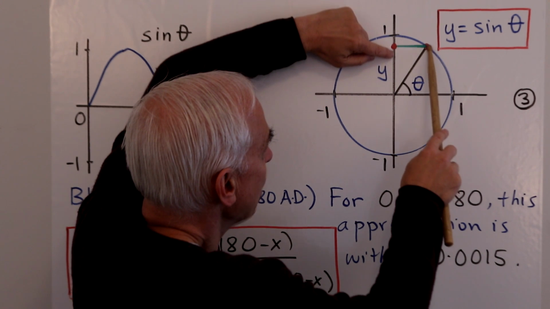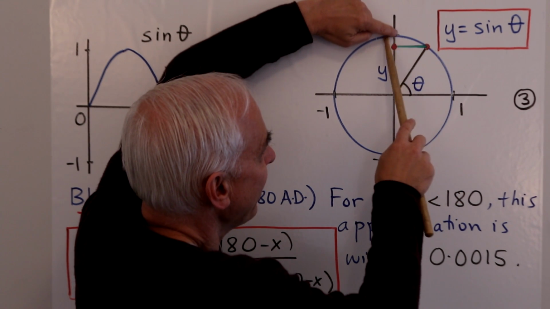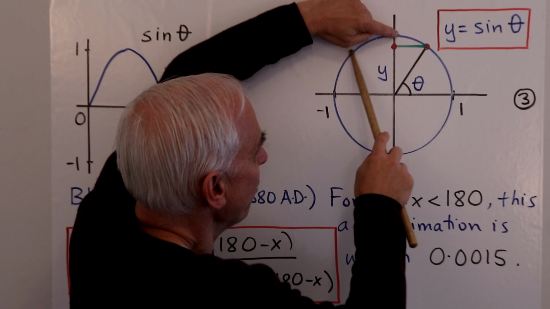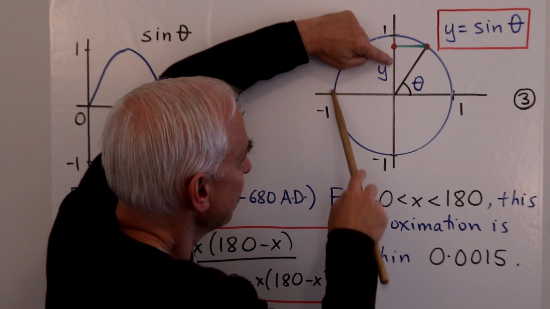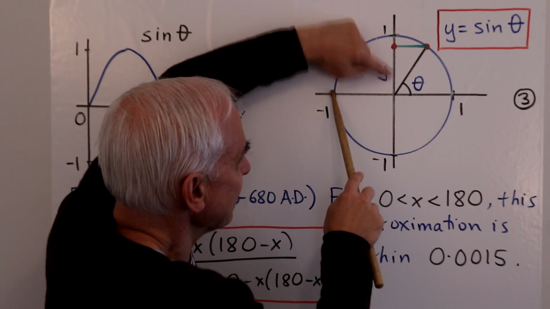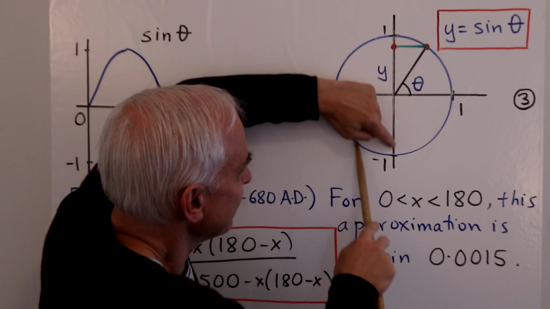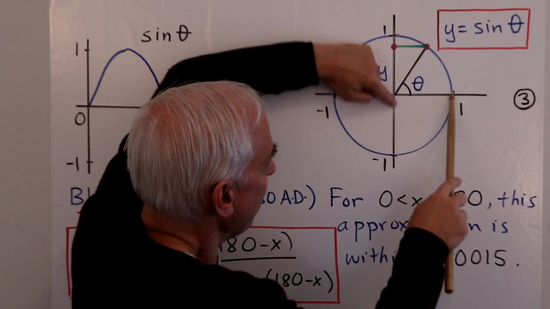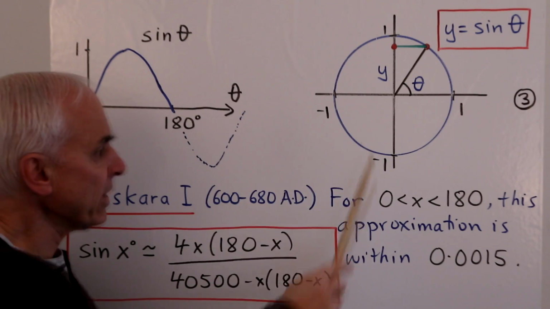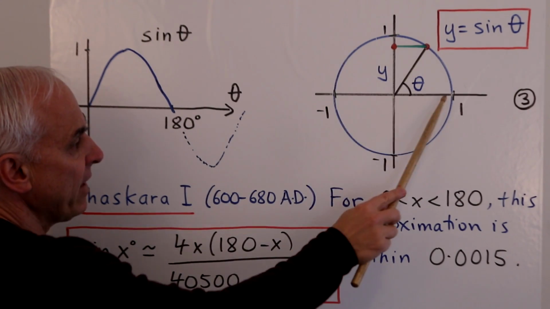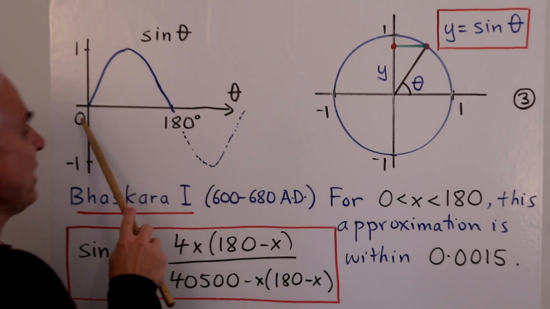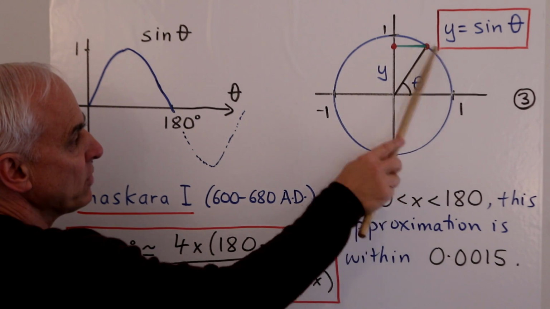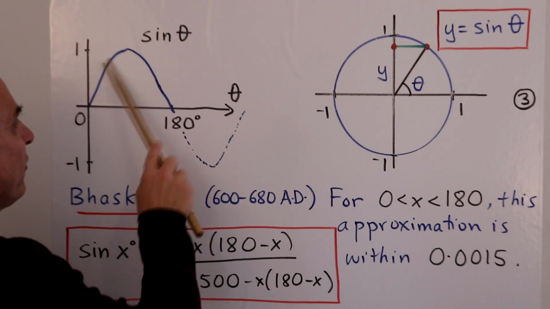It's slowing down as the point approaches this point 1, and then as this point here is going through the x-axis, it's going fastest, and then it slows down there again and comes back up. Okay, so if we look at just what's happening there with the y coordinate in the range, theta goes from 0 to 180 degrees, we get this graph here.